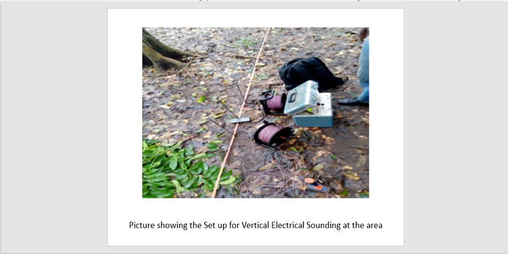A total of 12 vertical electrical soundings, normally called VES, were conducted at the site with a Schlumberger array configuration, with maximum current electrode spacing of 50 to 75 meters. The data obtained were interpreted using computer assisted interpretation software, and the results were given to us with an interpretation which guided us on what to do.